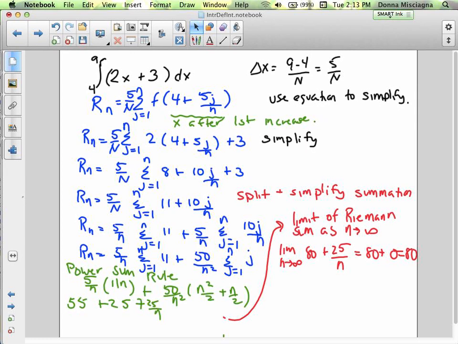You know, this was 2x plus 3. If this had been 4x squared, I would have squared, then multiplied by 4, right? So the only thing that changes is how we simplify it, depending on what the equation was, what number I plug in, depending on what the lower limit of integration is.